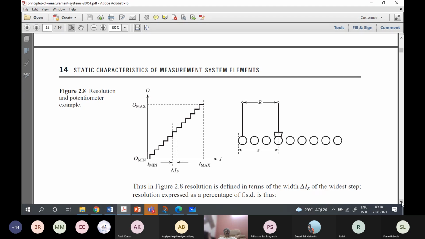That's because if an AD converter has a 10-volt supply, then 16-bit means 10 divided by 2 to the power 16, that means 64,000. So 10 by 64,000 is the equivalent analog voltage for 1 bit. What is 10 by 64,000? 10 by 10,000 is 100 millivolts.